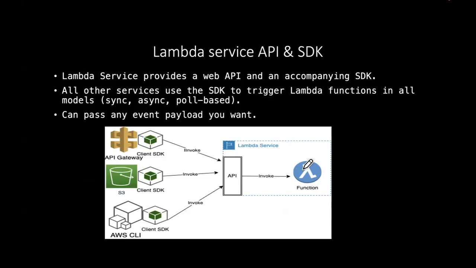The structure of the payload part of the event can be anything at all, can be any type of object structure. It doesn't have to conform to a particular shape or type as such. The event itself does follow a predefined structure, but the payload part of it can be any type of object.